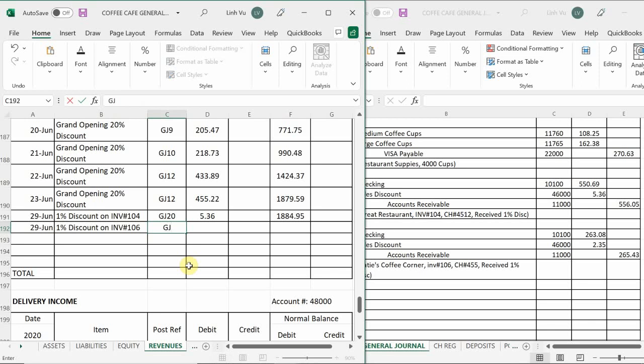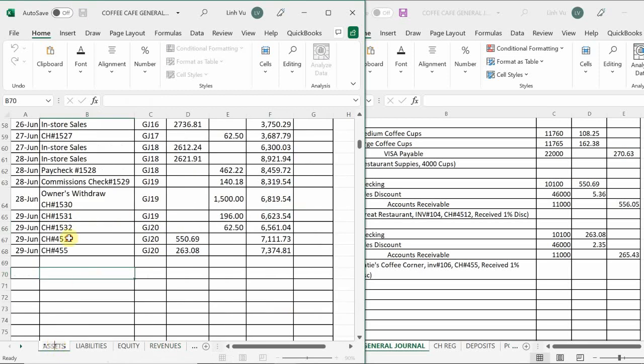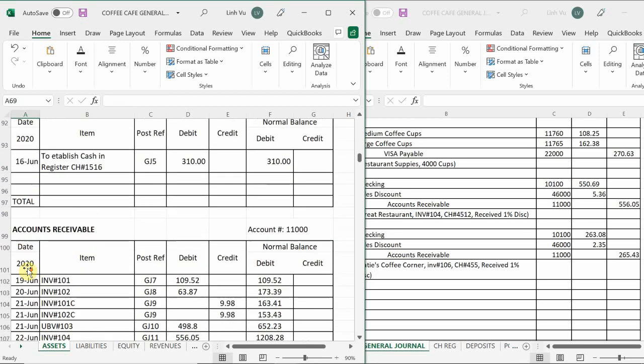Okay, general journal 20 for $2.35. So how much total discount do we have? $1,887.30. Good. So then last but not least, we need to update our accounts receivable.